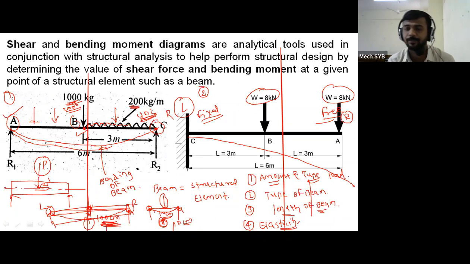Bending कसं होतं ह्या ठिकाणी. If you compare bending of the beam in figure number 1 and in figure number 2, there is some change.